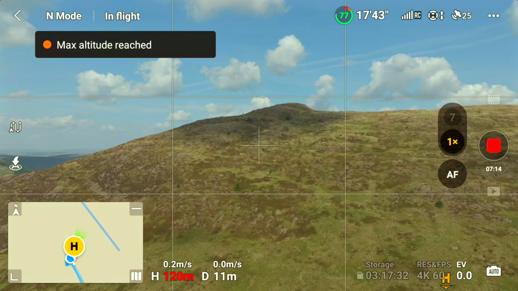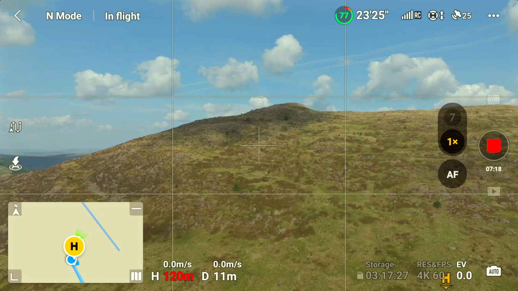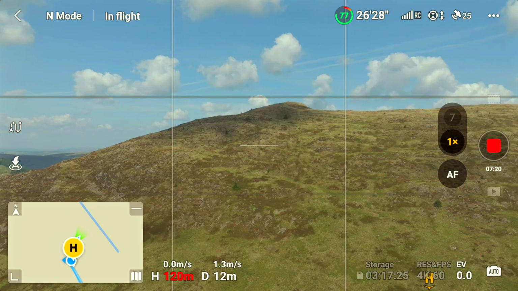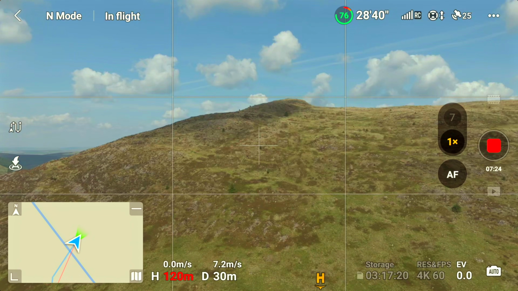Can't go any higher, it just will not go any higher. And I am well below the top of that hill.